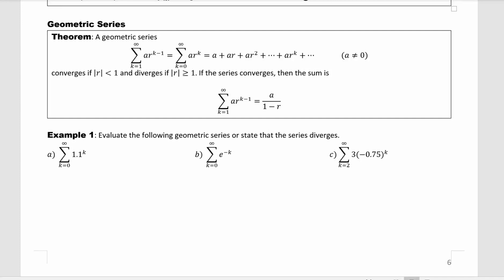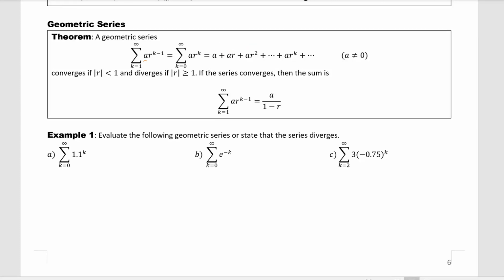So the first series we study is the geometric series. A geometric series is the sum of a r to the k minus 1. If we write this out, we have the first term a, and then each term we multiply by a factor of r. So this is the second term, and this is the third term.